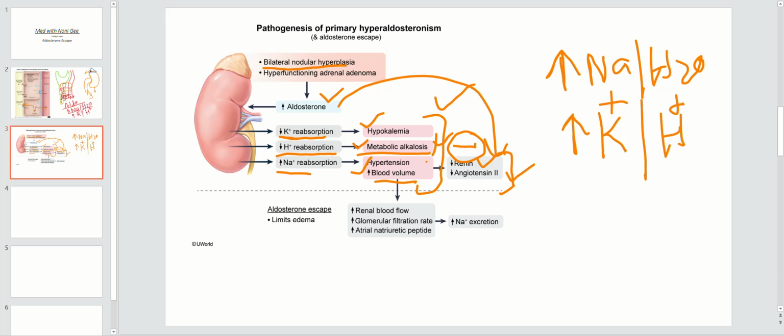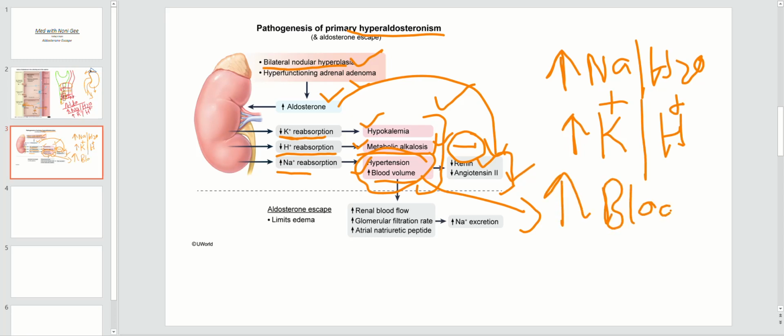So what is happening when you have excess, because this is an adenoma, right? And this means hyperaldosteronism, that it is beyond the normal level of aldosterone in your blood. So this will lead to increased blood volume in your vessels.